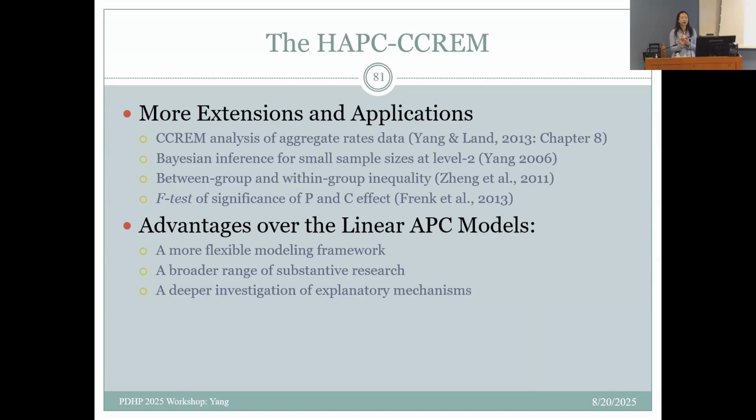First and foremost, it offers a much more flexible modeling framework and allows us to do a broader range of substantive research, particularly as it relates to variables beyond age, period, and cohort. Thus, it can allow us to do deeper investigations of potential explanatory mechanisms and move us beyond the identification problem and accounting models.